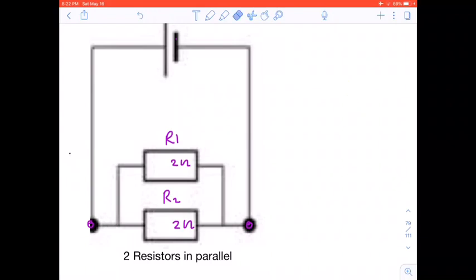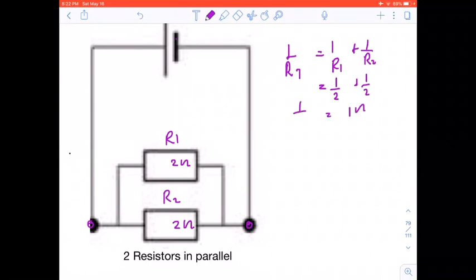So if we want to calculate the total resistance, we can say 1 upon R total is equal to 1 upon R1 plus 1 upon R2, which would then mean 1 upon 2 ohms plus 1 upon 2 ohms, which is 1 ohm, right?